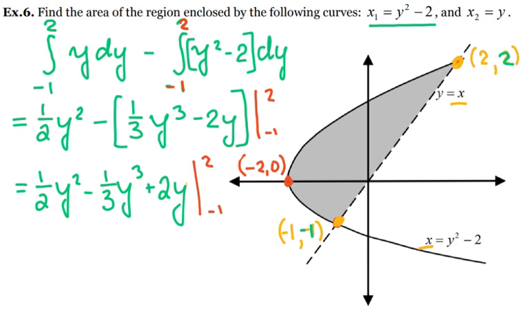Now if we plug in our numbers, for the first one, I plug in 2 and have 2, minus, if I plug in 2 over here, I have 8 over 3, and then plus 4. And then for the second one, I'm going to plug in negative 1.